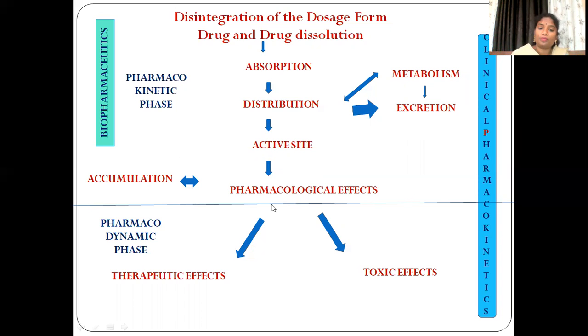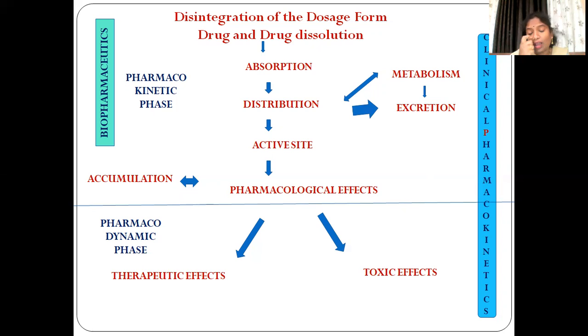From the pharmacological effect, we can estimate how much therapeutic effect and how much toxic effect it is showing. How it is treating the disease, we call the therapeutic effect.